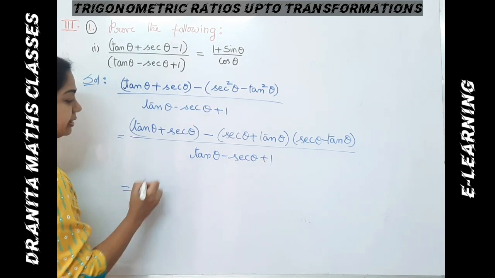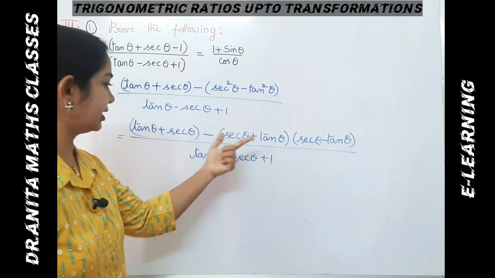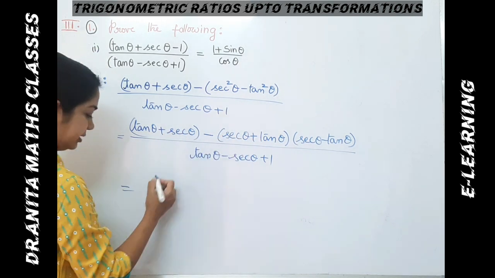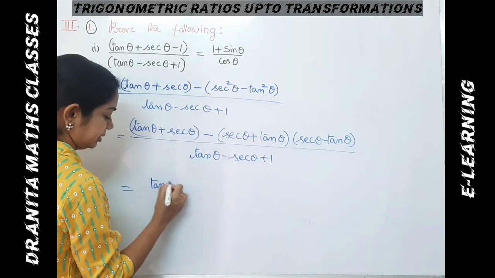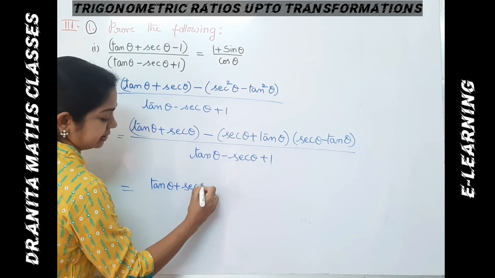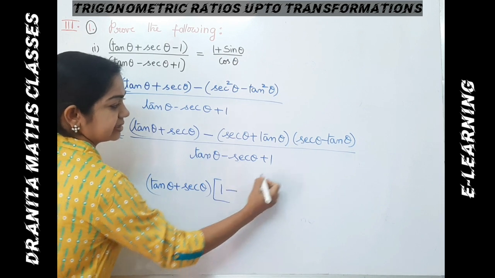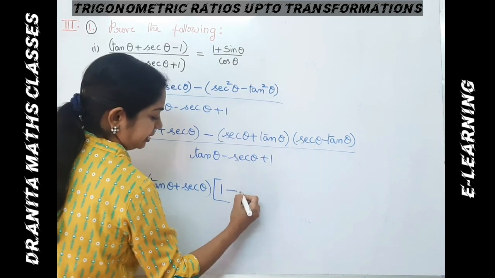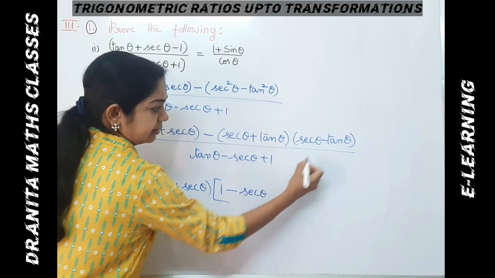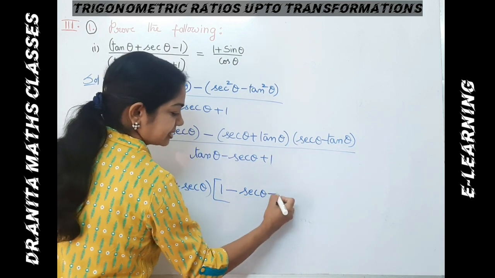Now in the numerator, secant plus tan is common. So take tan theta plus secant theta common. The remaining is 1 minus secant theta plus tan theta.